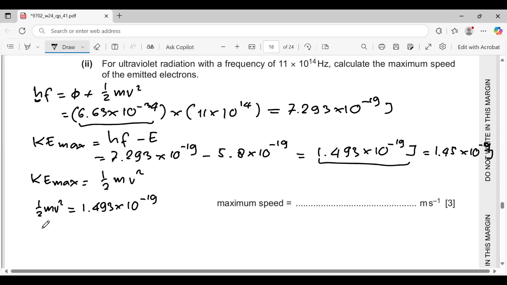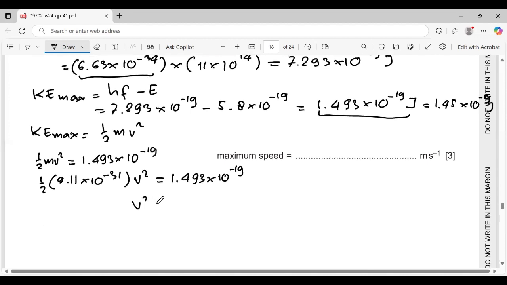So I would like to arrange it: m is 9.11 times 10 to the power minus 31, v squared equal 1.493 times 10 to the power minus 19 joule.